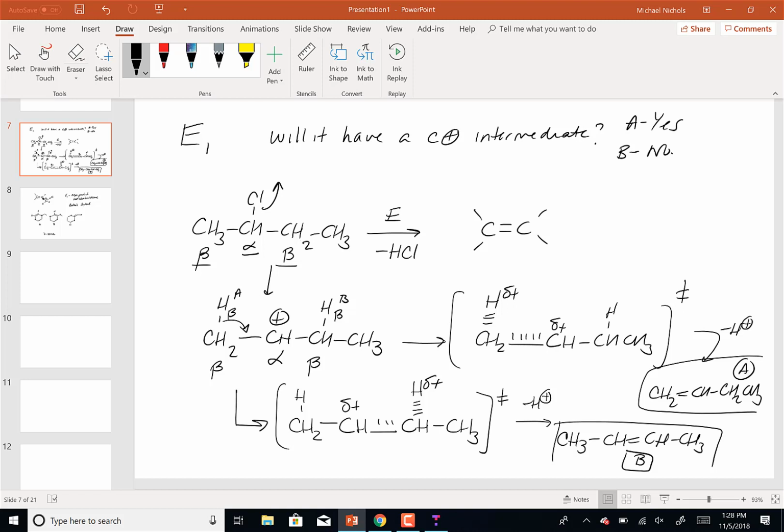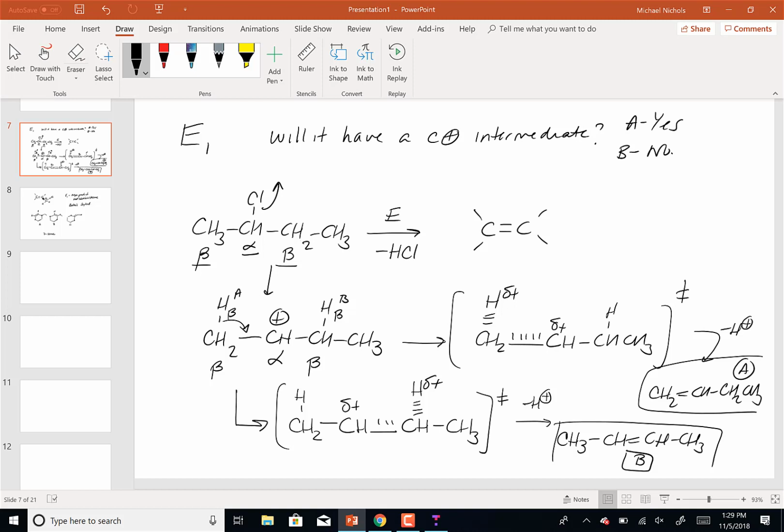So that's how we can simply write the products if we needed to. And then how do we determine the major product? It's the one that's most stable, the one that's most substituted. Okay? So everybody kind of see that.